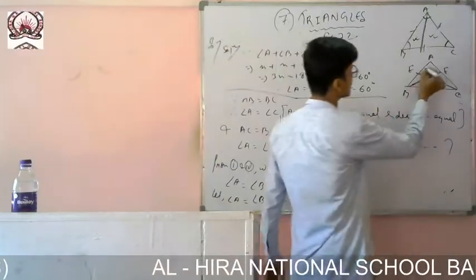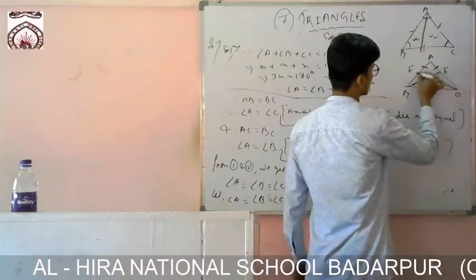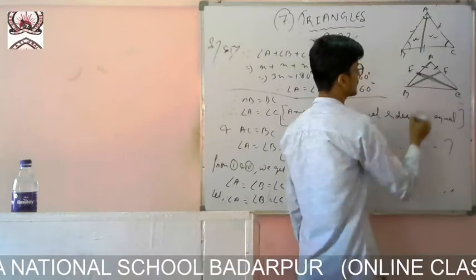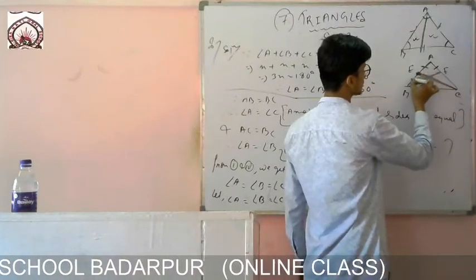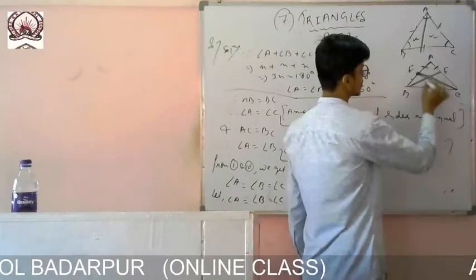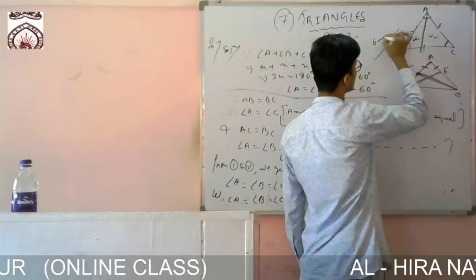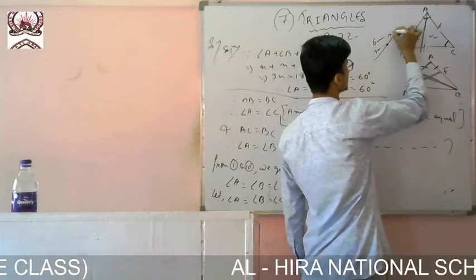They have taken this extra, because this line bisects this line into two equal parts, that means this is the midpoint, and if this is the midpoint, then this one and this one are equal. If this line is 6 centimeter, for example, then each part will be 3 centimeter, 3 centimeter.